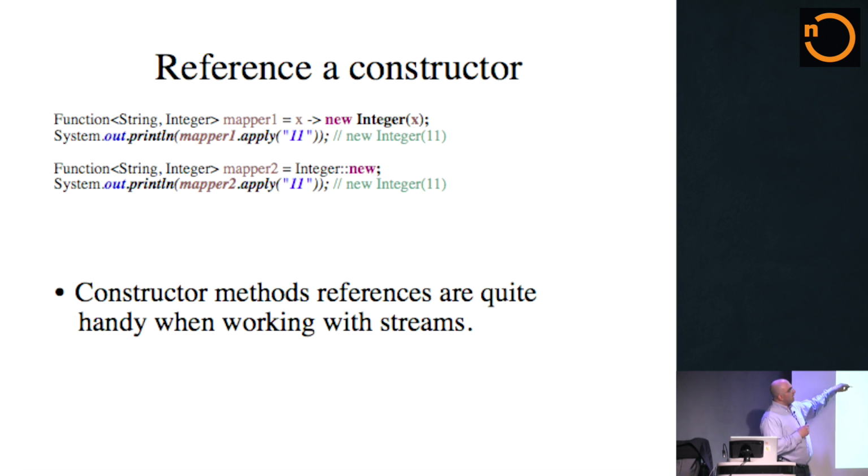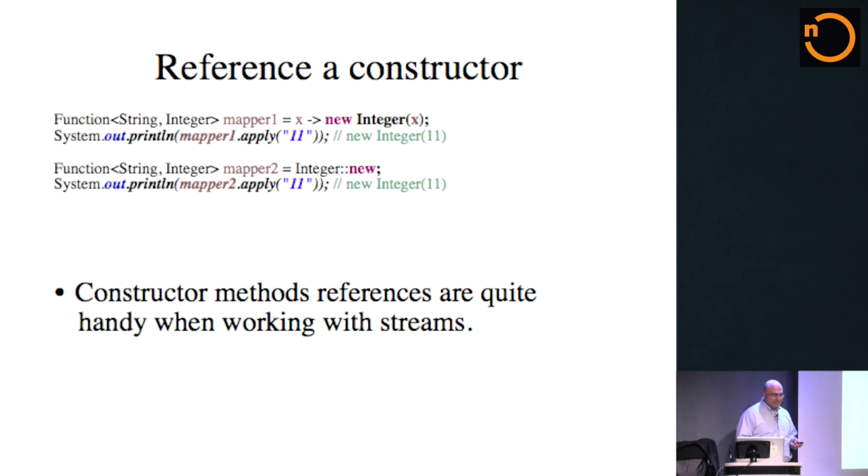And in the body of that method, invoke the new constructor on Integer and pass it the passed-in parameter. So the first few times you see code like this, you're going to have to write it down on pen and paper and ask, what is this code doing? Until you get used to it.